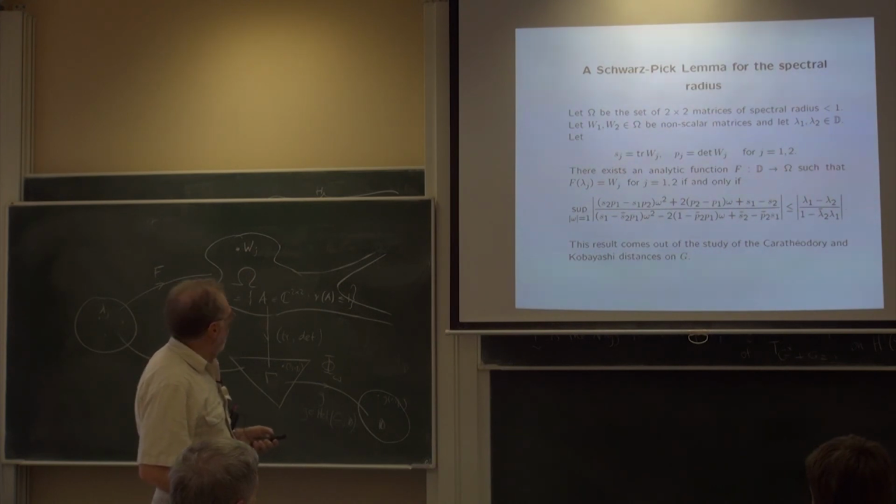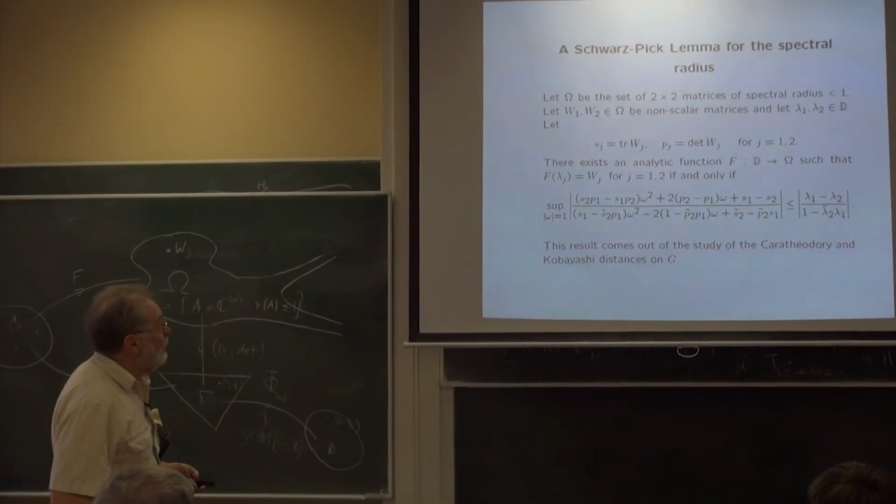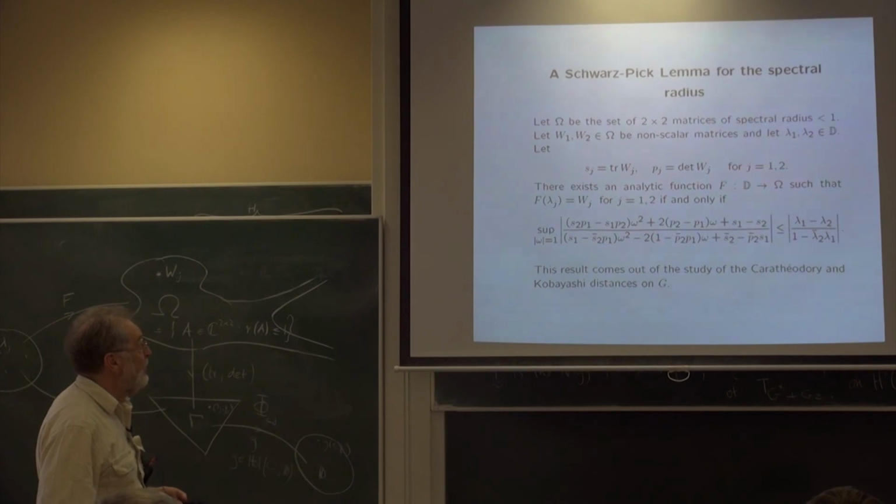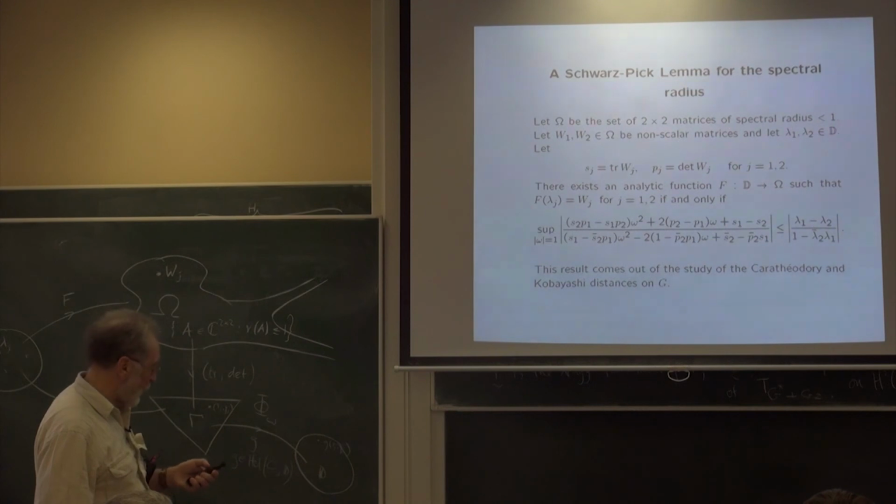If you take this set omega of 2x2 matrices of spectral radius less than 1, you take two matrices in that set, and lambda 1 and lambda 2 in the disk, then there's an analytic function from the disk into omega, meeting those 2 interpolation conditions, f of lambda j equals wj, if and only if this inequality holds.